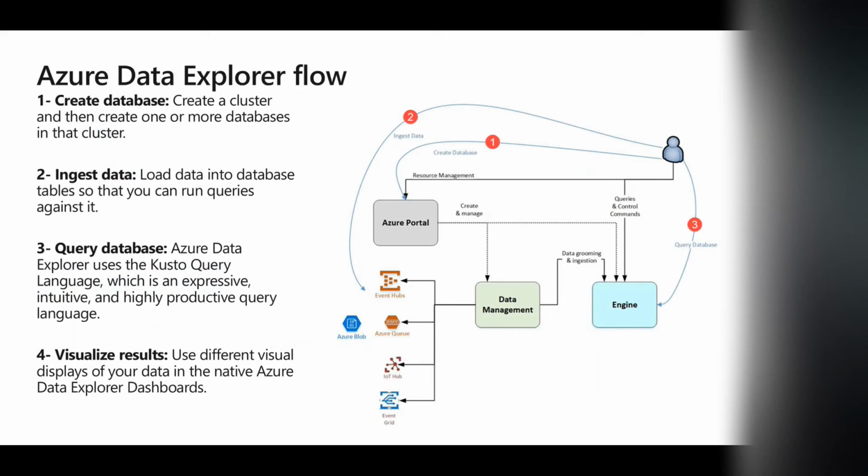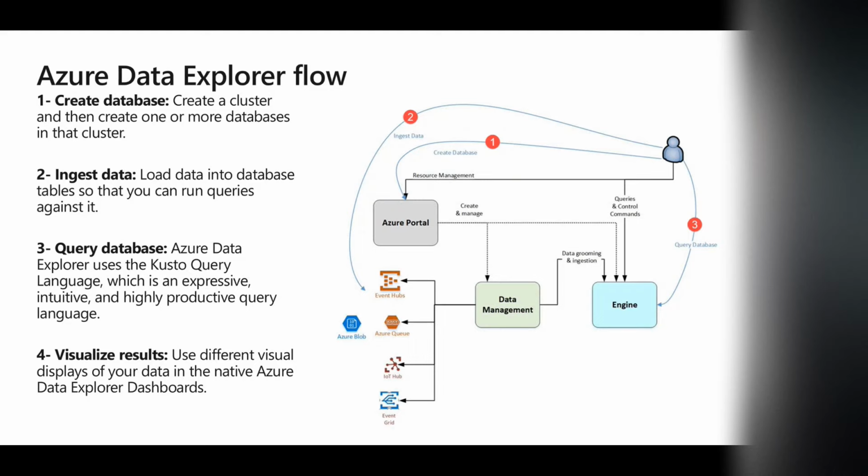Okay. And I really like this diagram because, to be honest, I'm not a data person. I'm from an app and infra background. But how simply this picture describes this tool is kind of amazing. What you do is go into the Azure portal and create a cluster.